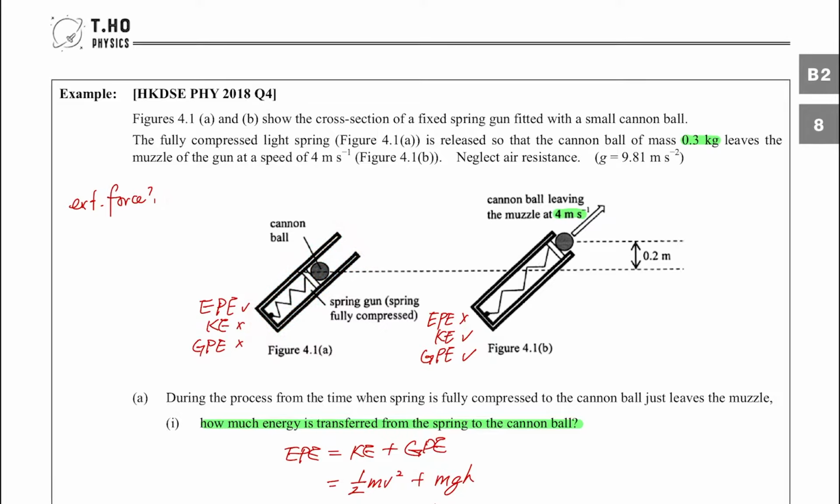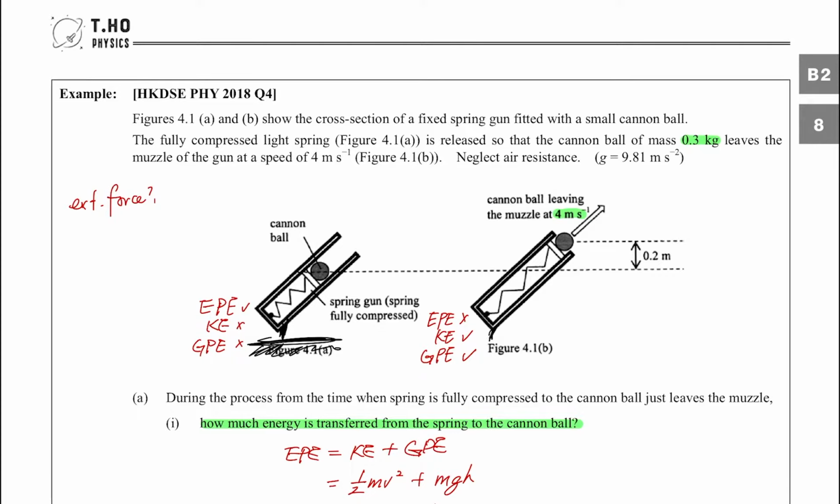We can see that this spring gun is fixed to the surroundings. It is fixed, or else it cannot fire a cannonball. So let's say it is fixed to the ground, so it does not move at all.